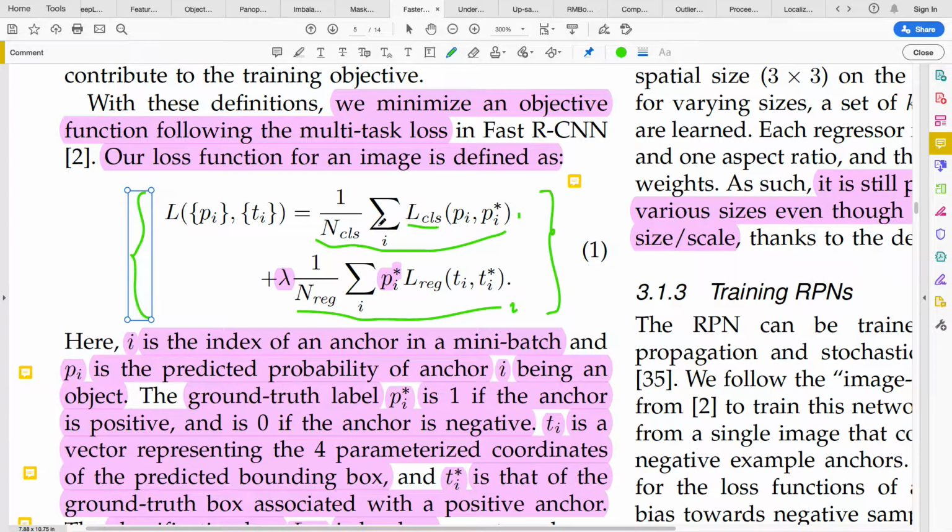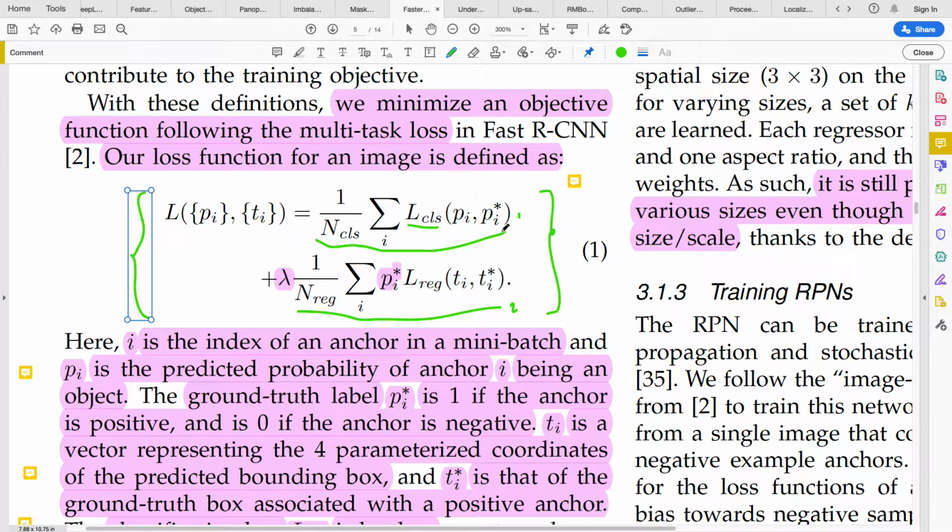All right, so we do the normal thing that we saw in the log loss, or the cross entropy loss, which is we sum over all the anchor boxes in our mini batch, since we take a number of batches.